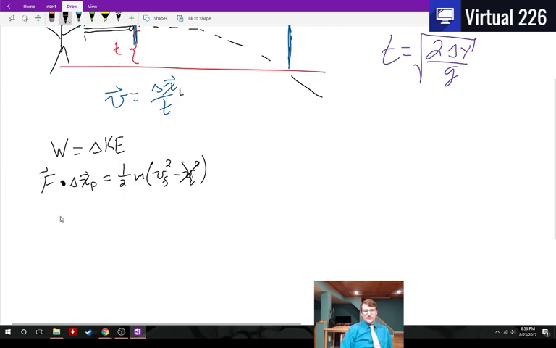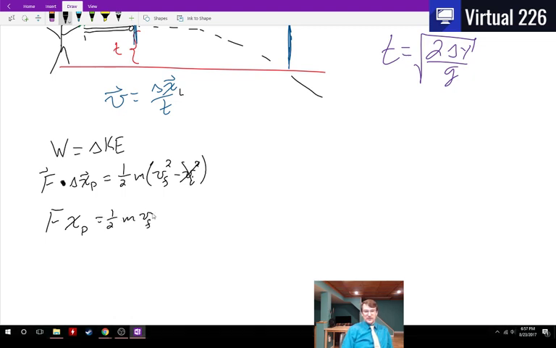In the end, though, because we have this f, and I'll let the delta go away, I'll just say xp, noting that it is the length of this pipe, equals 1/2 the mass of the mollo times the final velocity squared.